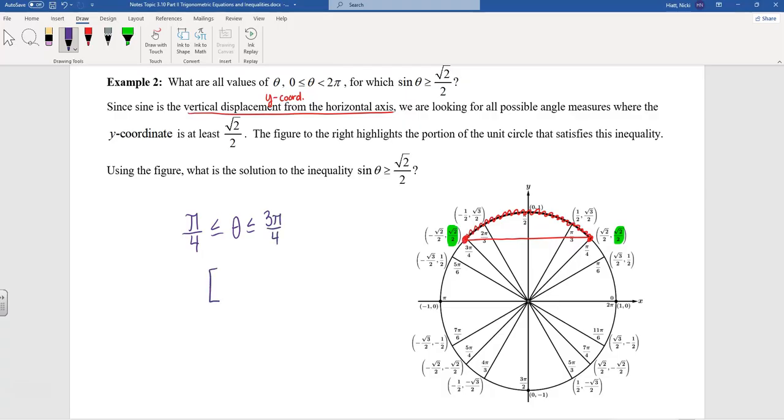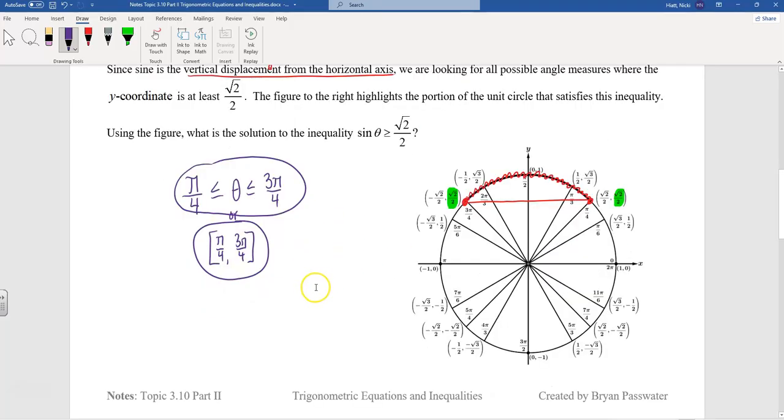Or you could write it like this, pi over 4 to 3 pi over 4. So if you don't have a graph, I think the unit circle is much more helpful for this. Okay, questions? All right, let's keep going.